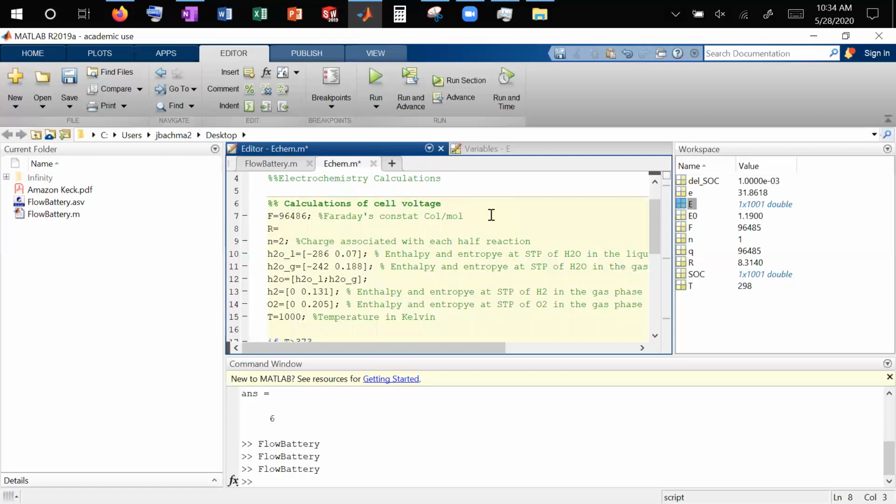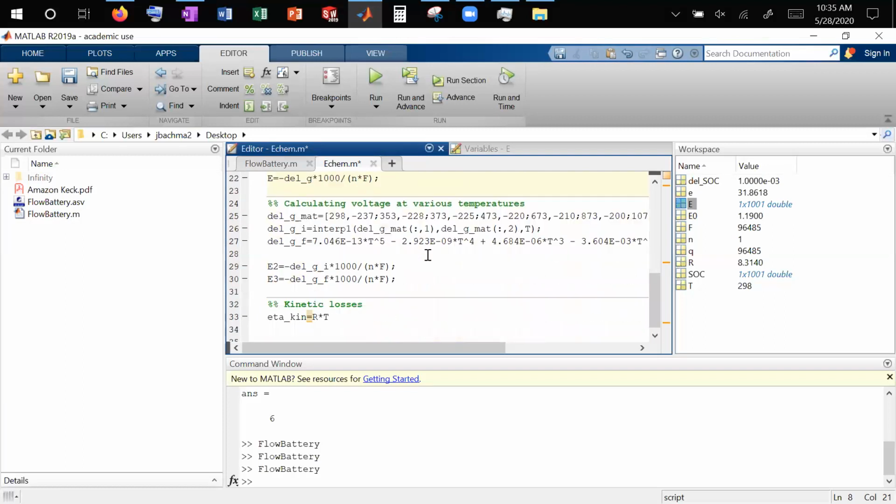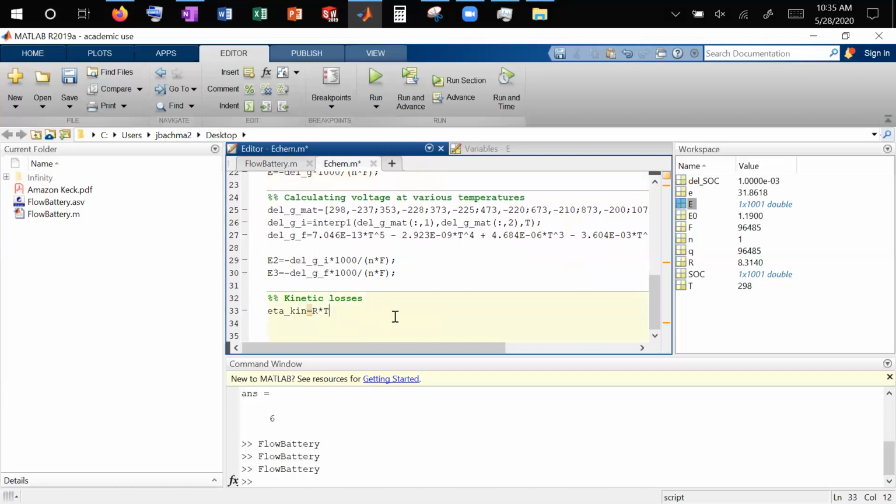R is equal to 8.314 kilojoules per mole Kelvin. So we have R times T divided by, in this case, I don't know if we have an alpha yet.